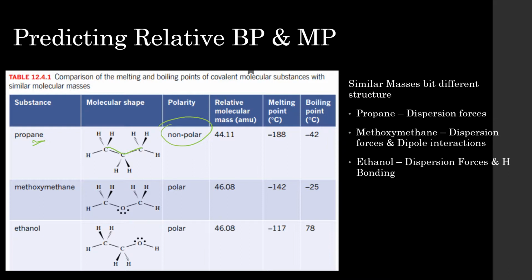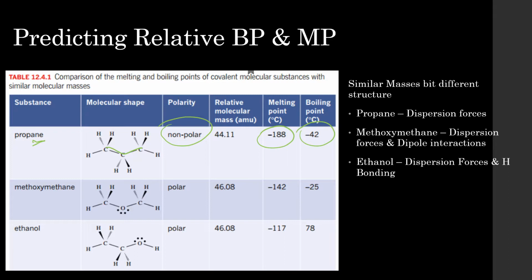So it's going to have quite a low melting point and a low boiling point. So remember, it would form a solid then at negative 189 degrees Celsius. So quite a low temperature to turn propane into a solid. But propane turns into a gas at negative 42. So there's only one sort of intermolecular force acting on propane molecules, and they will be the dispersion forces.